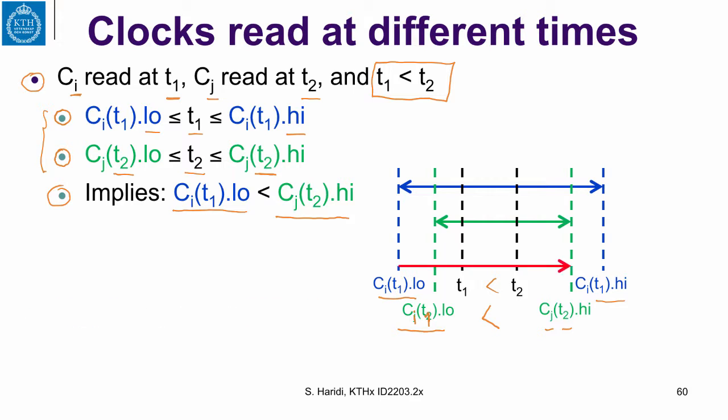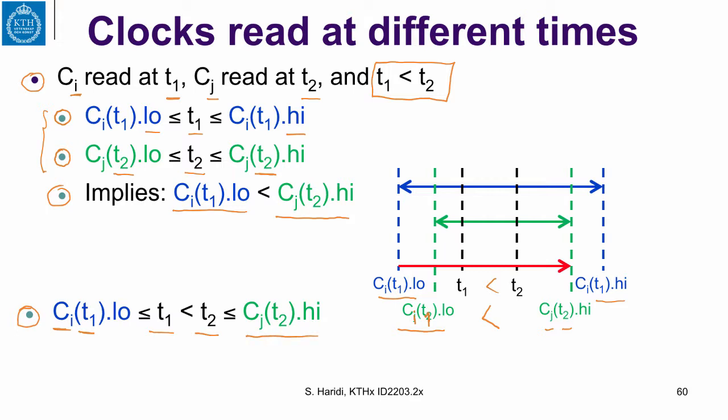You can see this: the lower bound at t1 of the first clock is less or equal t1, which is strictly less than t2, which is less or equal the higher bound of the second clock at t2.